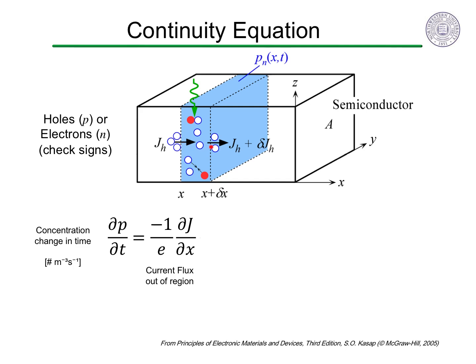Having the flow of holes change, entering at x and leaving at x plus delta x, means the spatial derivative dJ/dx is non-zero. In our example, J is decreasing as a function of x, meaning dJ/dx is negative, so a minus sign is needed to make the concentration increase. Since current flux J is typically the charge current in coulombs per area, to convert that number to holes, we need to divide by the charge of a hole, e.